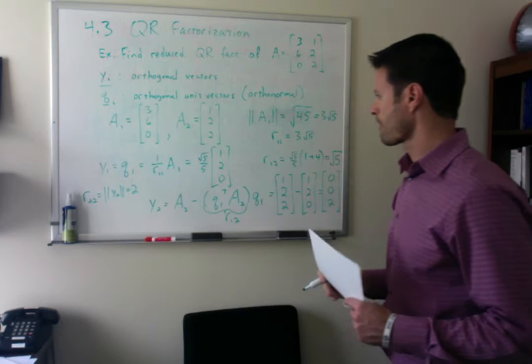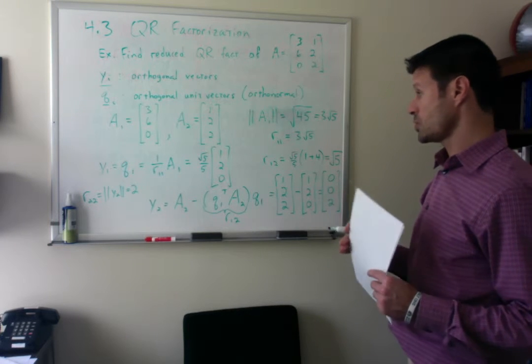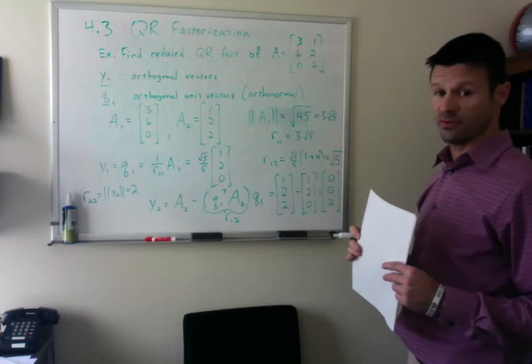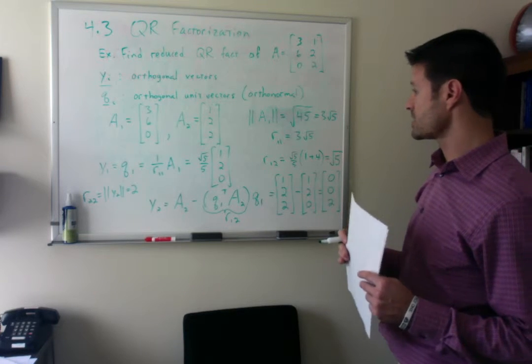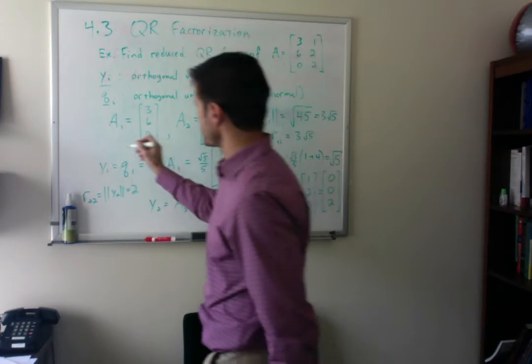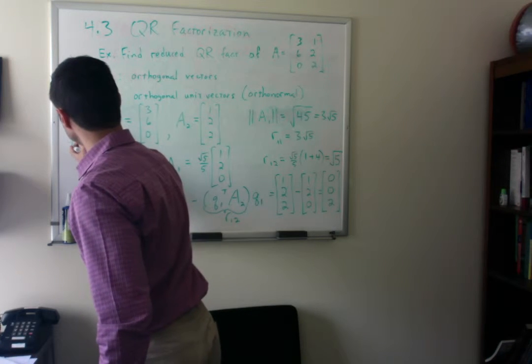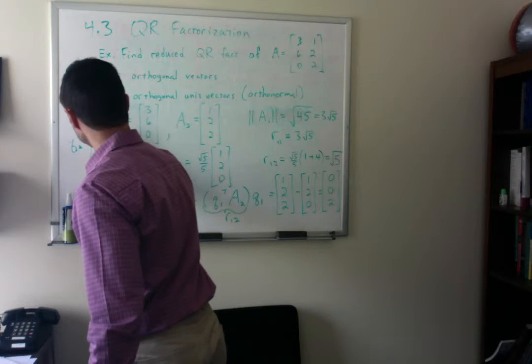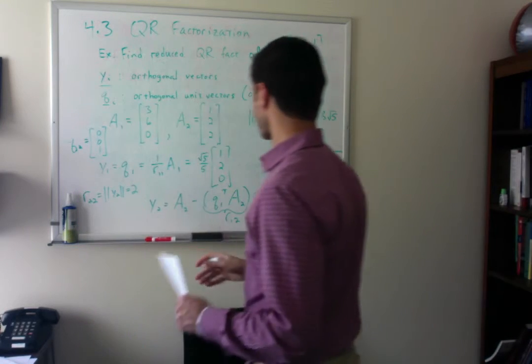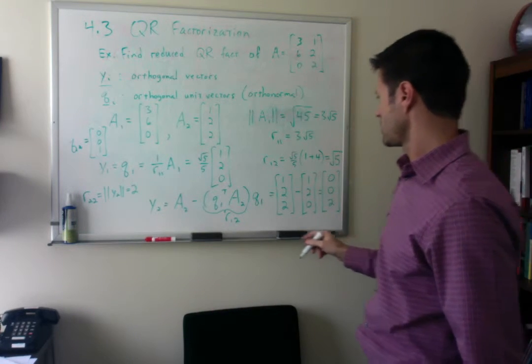And q2 is now just going to be y2 divided by its norm, so q2 is equal to 0, 0, 1.